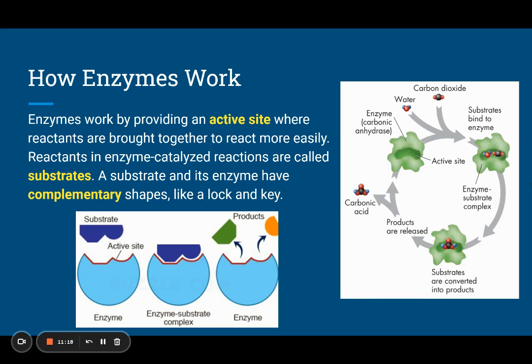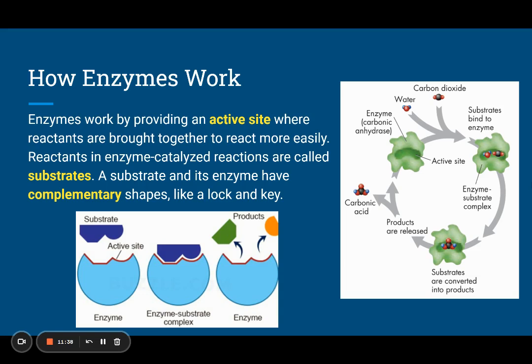So it's great that we know now that enzymes work by decreasing activation energy, but how exactly does that happen? Enzymes work by providing what's called an active site. So think of an active site kind of like a construction site.